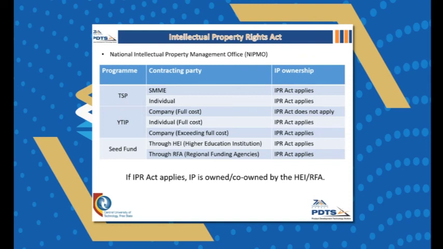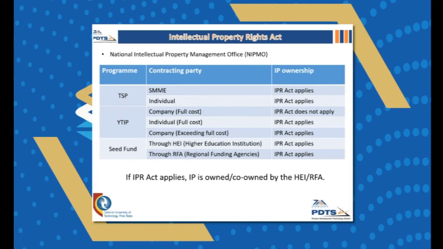TIA has a lot of funding programs, but the three common programs are shown here. The first one is TSP, that is the Technology Station Program. The contracting party can either be an SMME or an individual, and in both cases, the IPR Act applies. A TSP is funds which are allocated to a technology station.